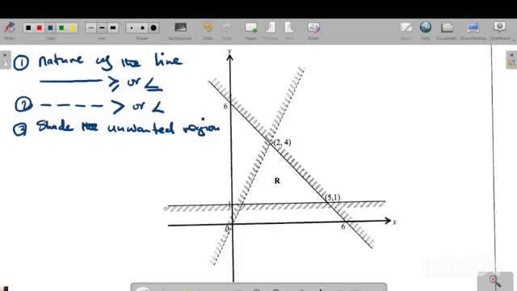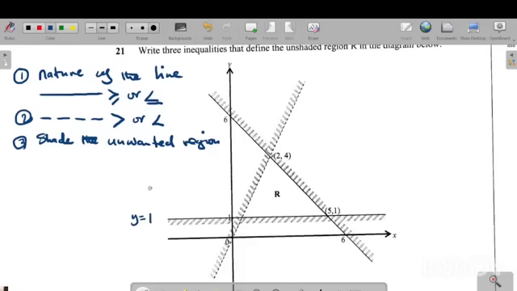So in this case, this line here has the easiest equation. It has the equation y is equal to, it's crossing at 1, so y is equal to 1. Now you need to ask yourself a question here. How will be the inequality for this equation?